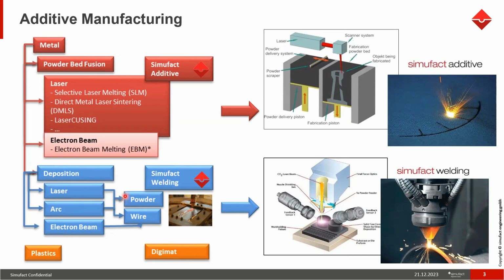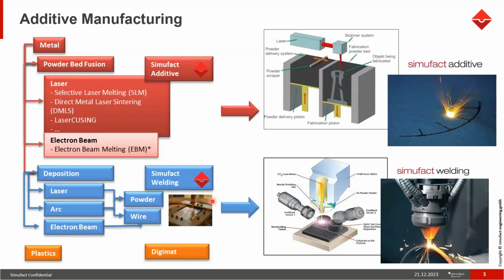There will be a base plate on which the part will be manufactured. It might be powder-based or wire-based, where the material is fed into the zone, and like a welding process itself, the material will be laid layer by layer.